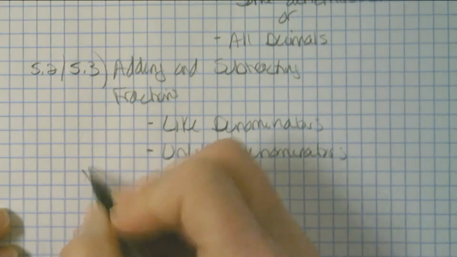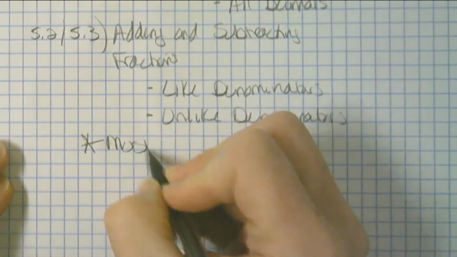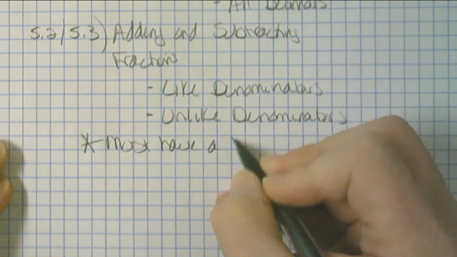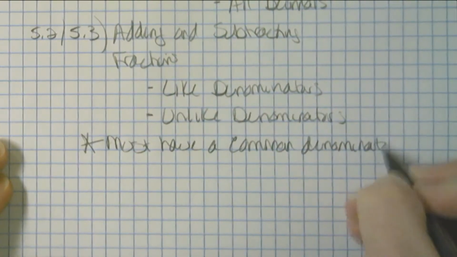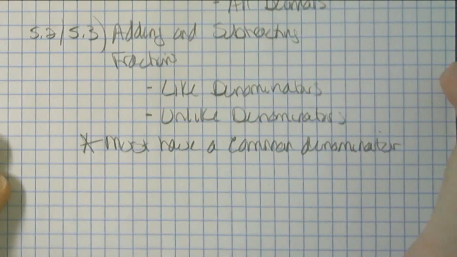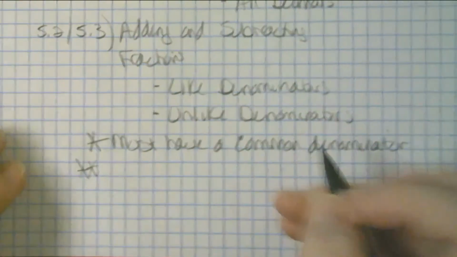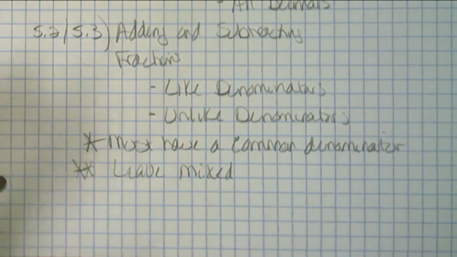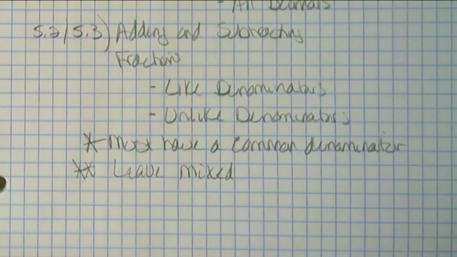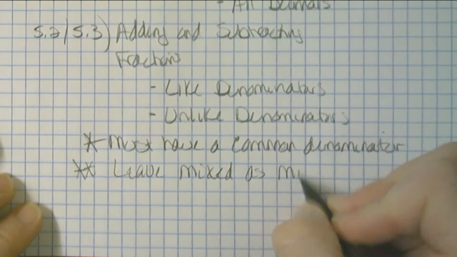To add and subtract them, you have to have a common denominator. The other big thing here is you have to leave mixed numbers as mixed numbers. That's just me; technically you could change them into improper fractions, but for me, leave mixed numbers as mixed numbers when you're adding or subtracting.